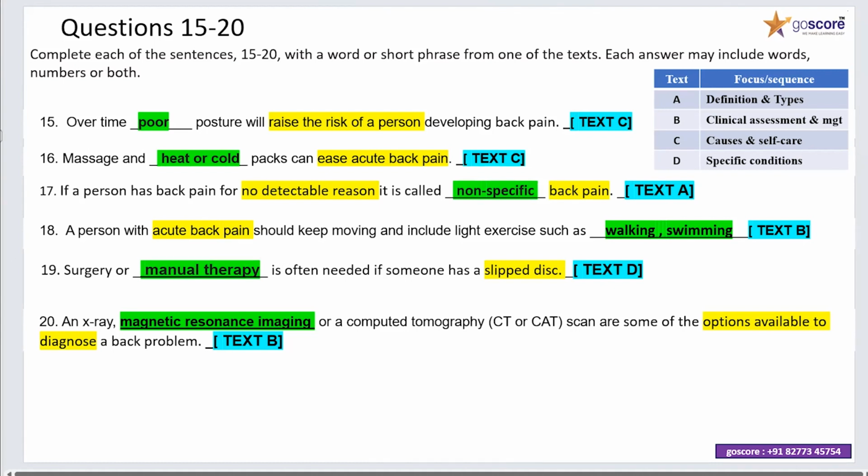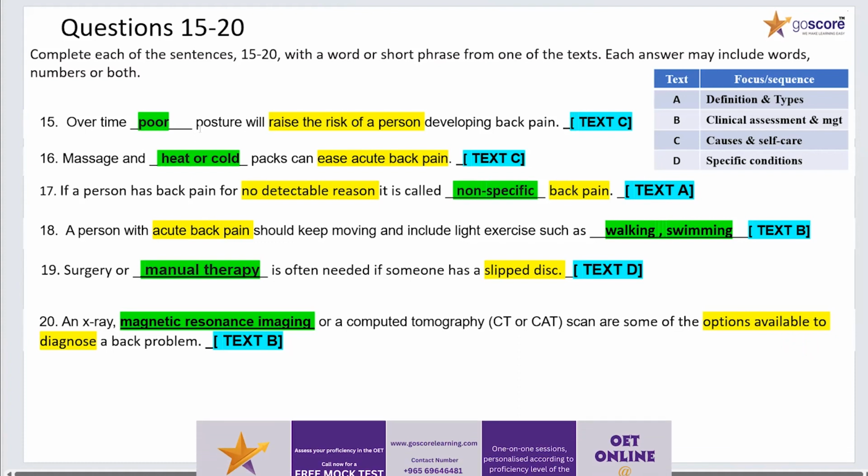The other thing is, sometimes you don't know the answer to, say, the 15th question. You are not able to identify from which text it is. Don't think, okay, I'll find out which text it is and search there. It's nothing like that. If you don't know, only 30 seconds you should spend on a question.